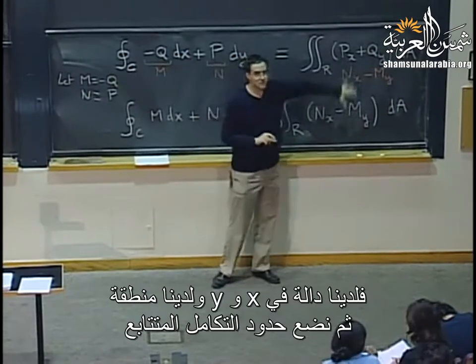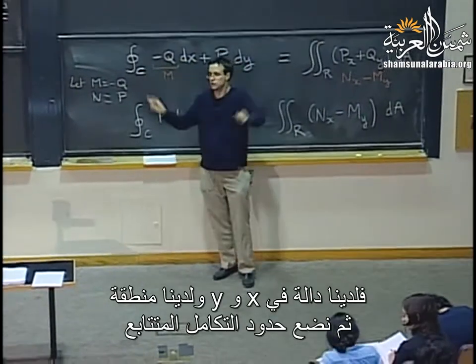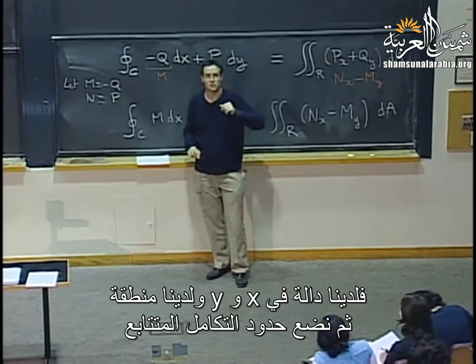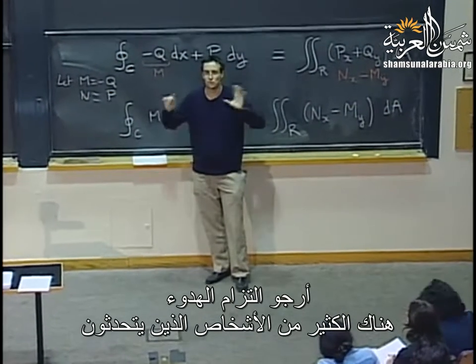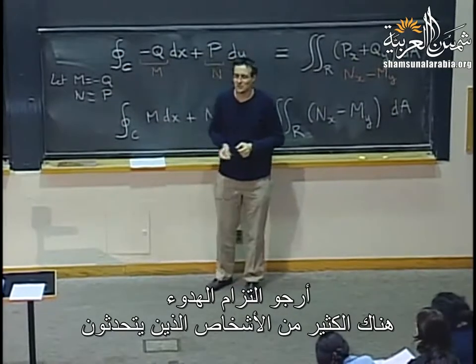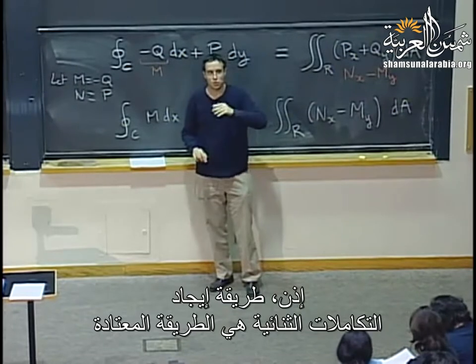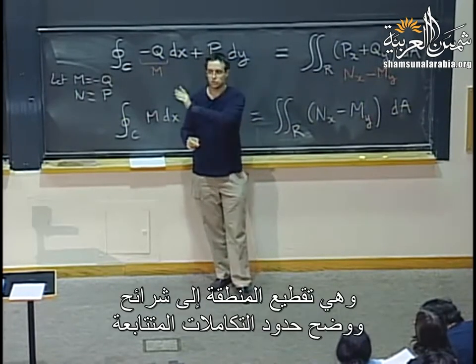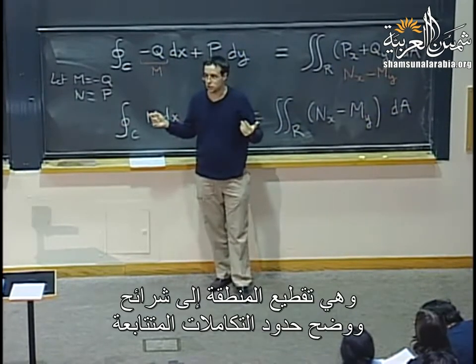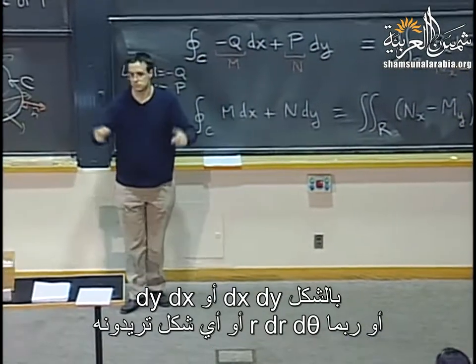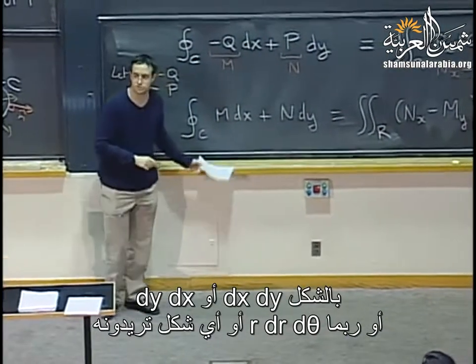The way you would evaluate these double integrals is just the usual way. Namely, you have a function of x and y, you have a region, and you set up the bounds for the iterated integral. Quiet, please. There's a lot of people talking, but okay. So you evaluate the double integrals by slicing the region and setting up the bounds for iterated integrals in dx dy or dy dx, or maybe r d r d theta or whatever you want.